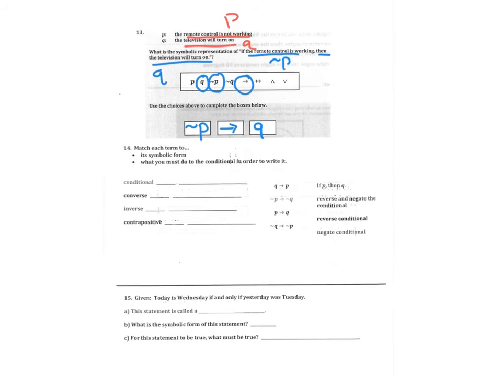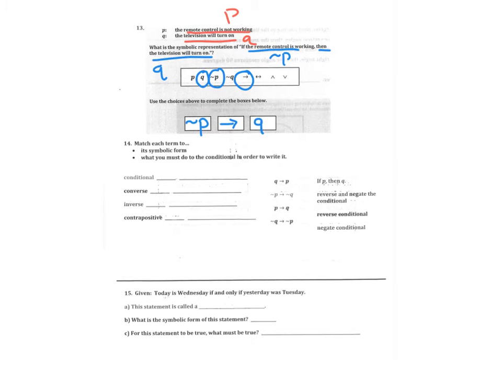All right, we're going to match each term to the symbolic form here. Conditional is P, arrow, Q. What type of statement is that? It's an if P, then Q statement. Converse is going to be Q, arrow, P. Just change the order, so we'll say reverse the conditional.